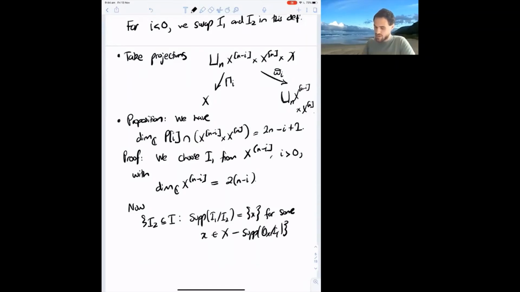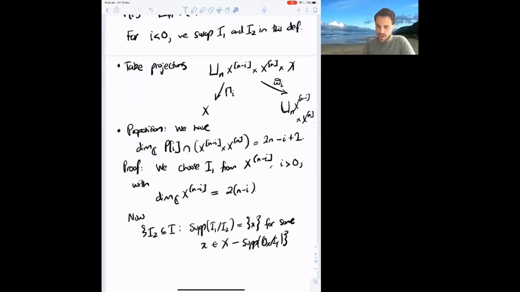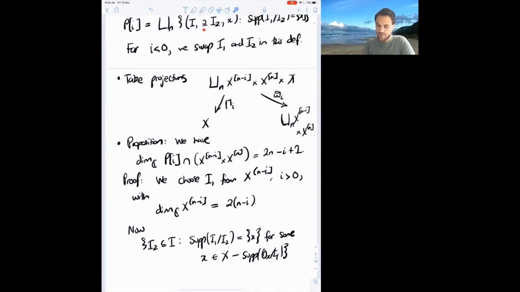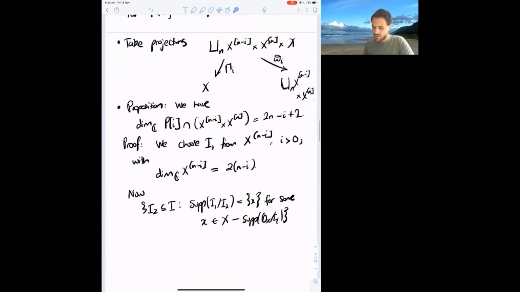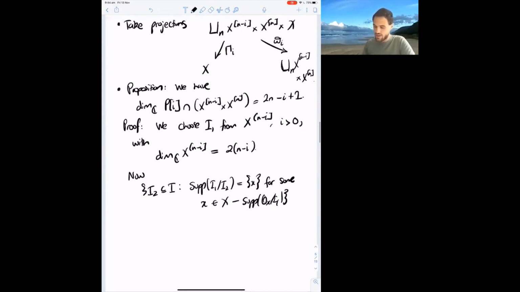Just on its face, we know that the support of I1 quotient I2 can be any point x. But with this additional restriction that x can't be in here, this turns out to be the maximal dimensional situation.